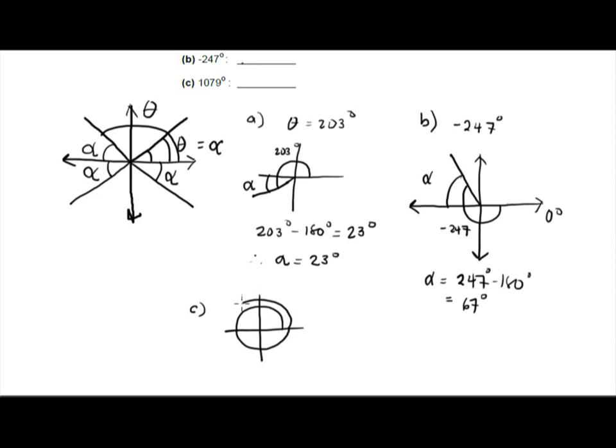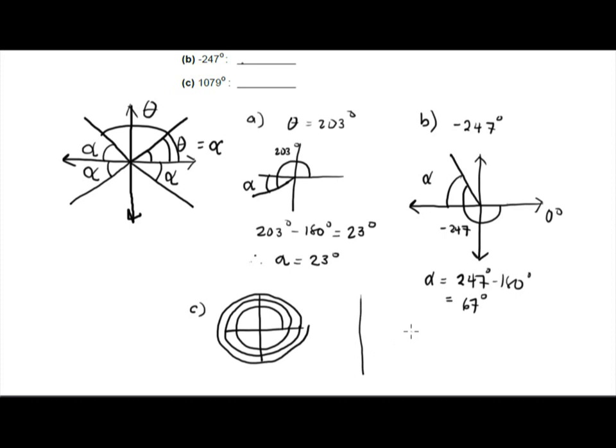So if we go another 360 degrees, this will be 720. That's just 360 times 2, which is not yet enough to have 1079. So we make another turn. So add 360 to 720, you have 1080, which is just 1 degree more than 1079.